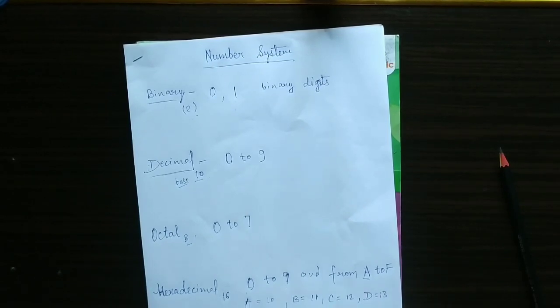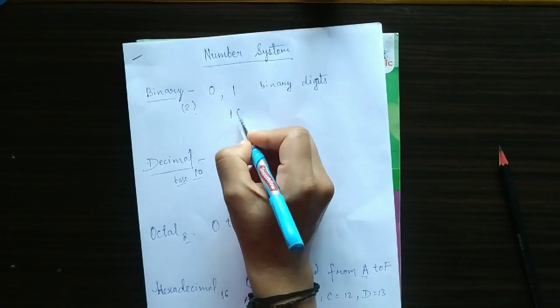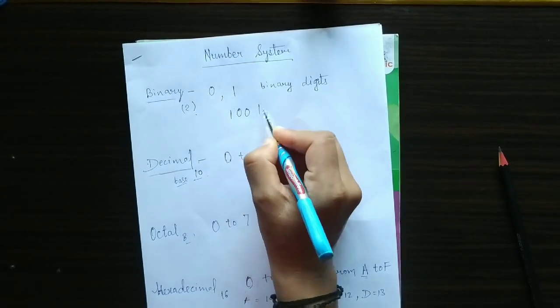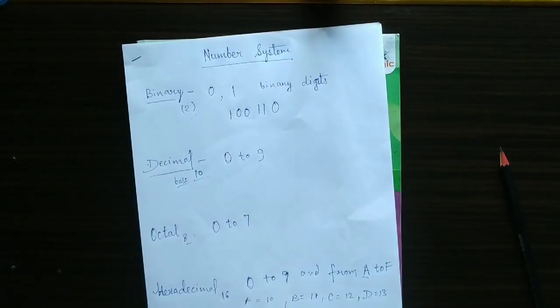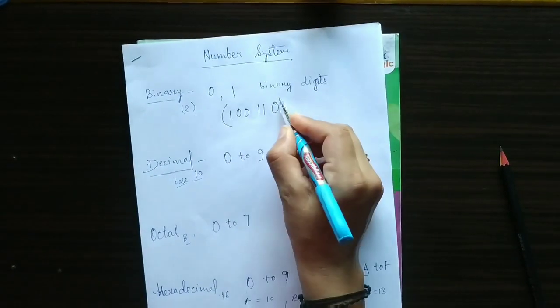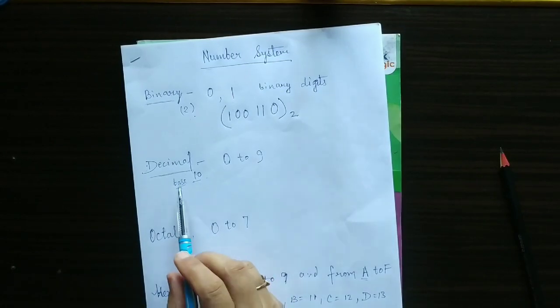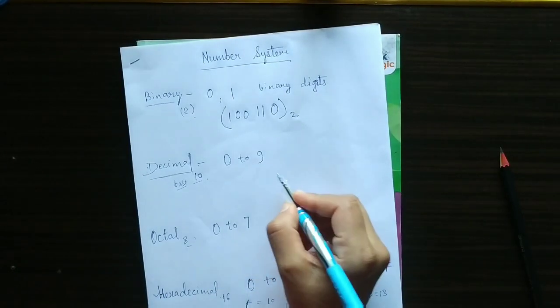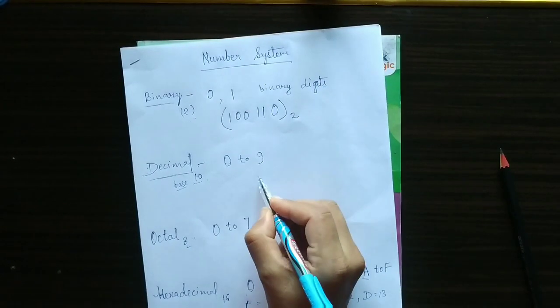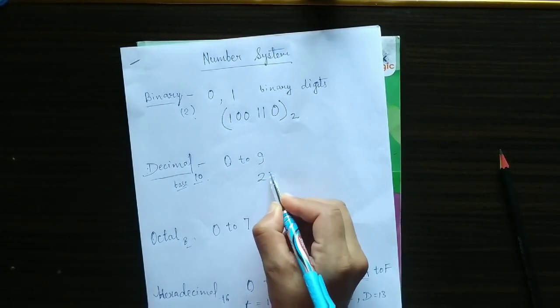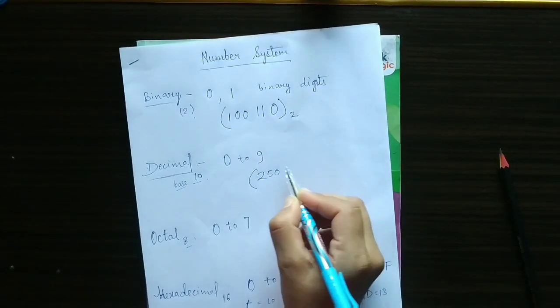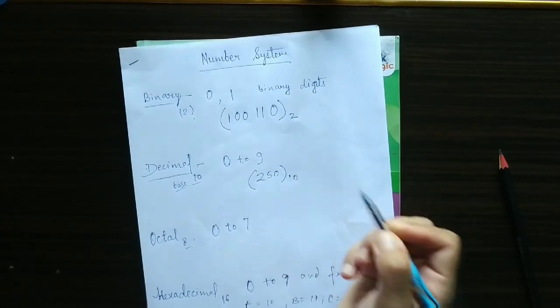I am giving you example of these number systems. Example of binary number system, for example, 100110, and its base is 2. Next, I am giving example of decimal number. The simple numbers, for example, the number 250. It has base 10.